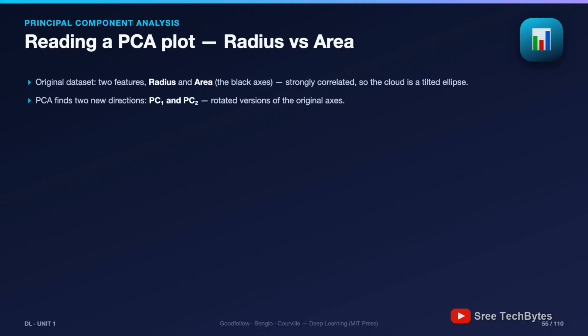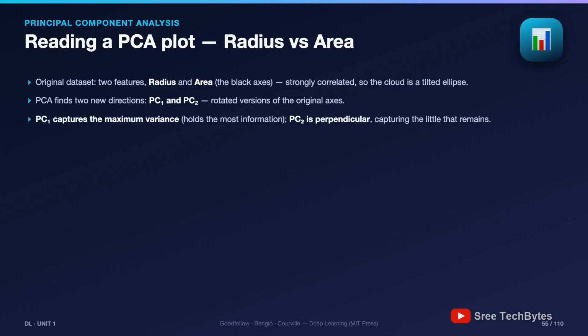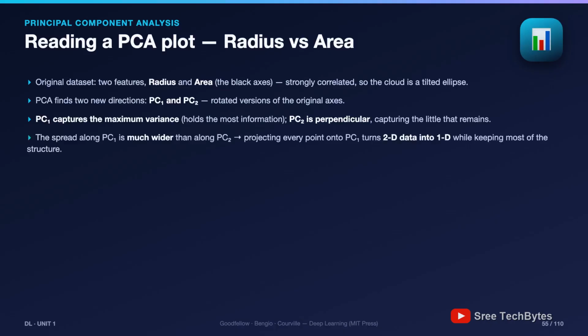PC1 runs along the long axis of the ellipse, the direction of maximum variance, holding most of the information. PC2 sits at 90 degrees along the short axis, capturing the little that remains. Now the punchline: the spread along PC1 is huge, along PC2 tiny. So we project every point onto PC1 and our 2D dataset becomes 1D, keeping most of the structure.